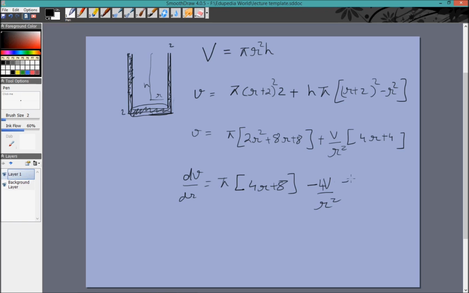So that means pi times, R is 10, means 48 minus, now this is by 100 and by 1000. So I'll multiply this by 10 and take it to be by 1000. So equal to 48V by 1000. Which gives me V by 250 pi equal to 4, which is my final answer. Because that's what I needed to find out. Right? So V by 250 pi comes out to be equal to 4.